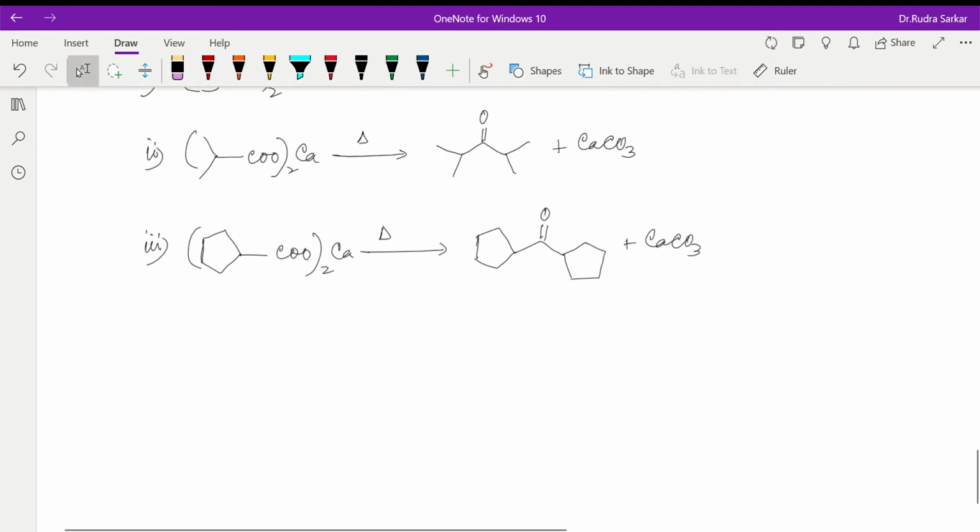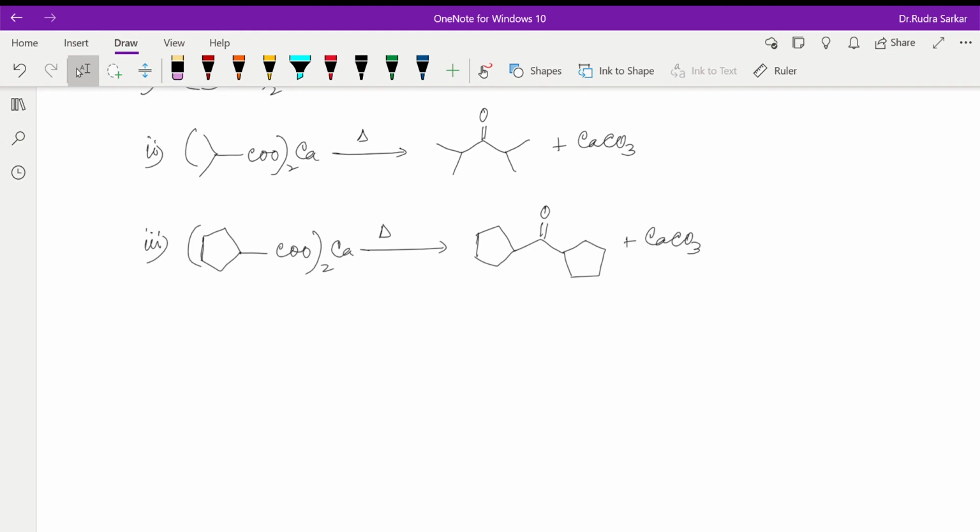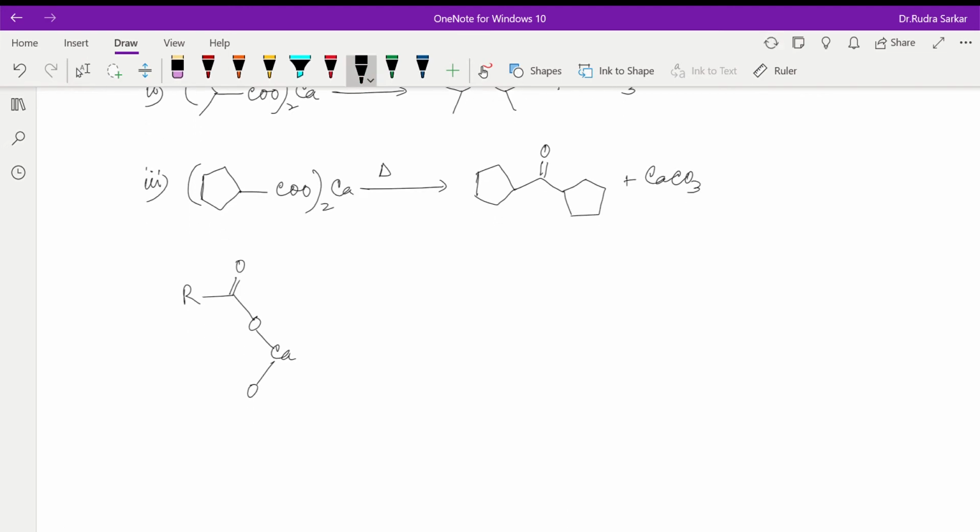The mechanism that you would be finding in books, okay, is something like this. You have a R, you have a O, you have a calcium. So basically you're writing the unit that I have written before, okay, just the molecule, which is your starting material. Okay, you just write a mirror image of this.